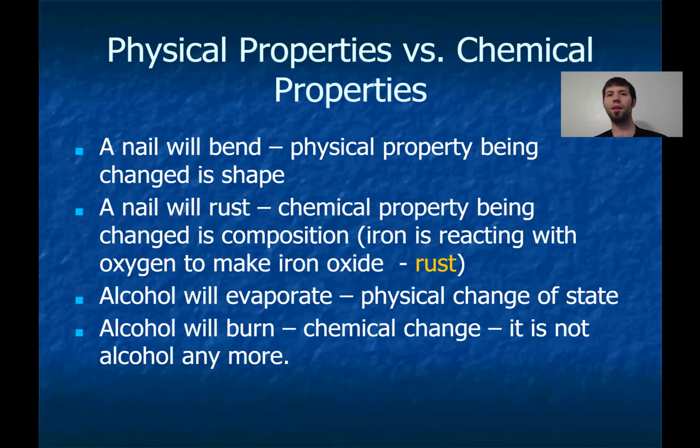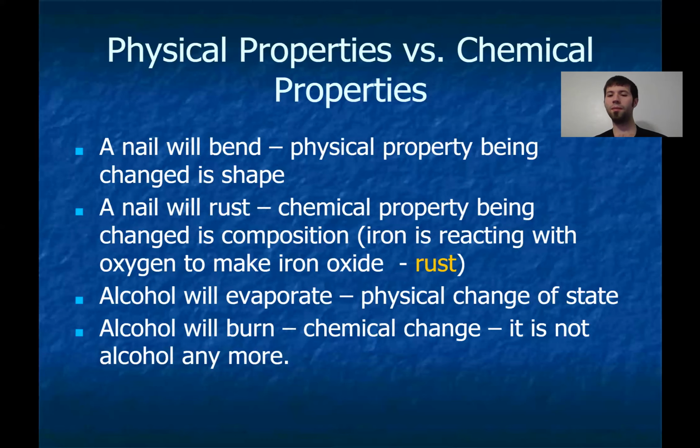If you have ever tried to work with a rusty tool compared to one that's not rusted, it's different. When metal rusts, it's brittle. It doesn't stay together that well. If you ever tried to take a rusty nail out of a board, it's not fun. When iron rusts, it turns into a new chemical called iron oxide. So that's a chemical reaction.